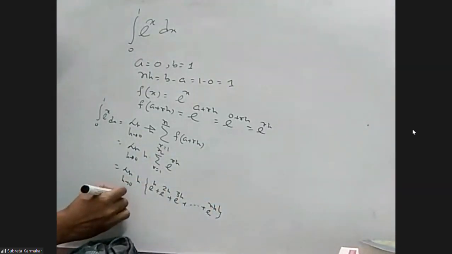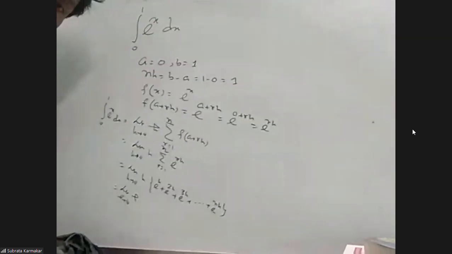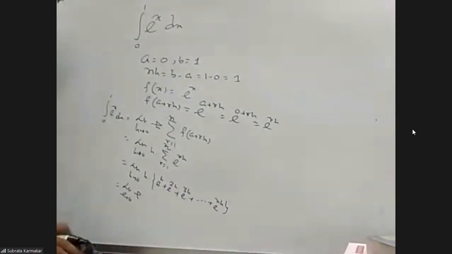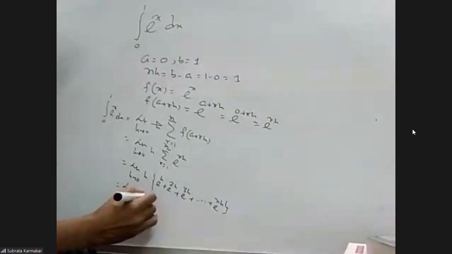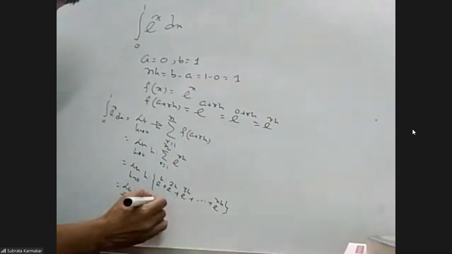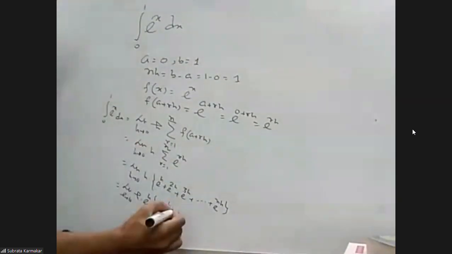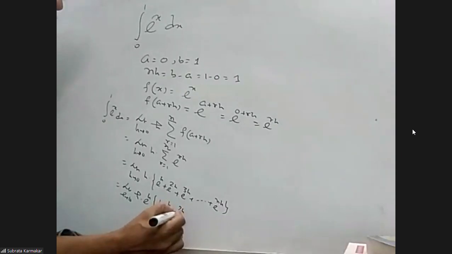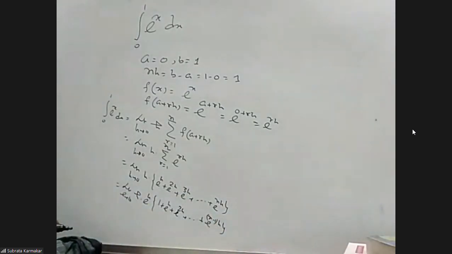Now limit h tends to 0, h into, if you take e to the power h common, then it will be 1 plus e to the power h plus e to the power 2h, up to the last term e to the power (n minus 1)h. Take h common.